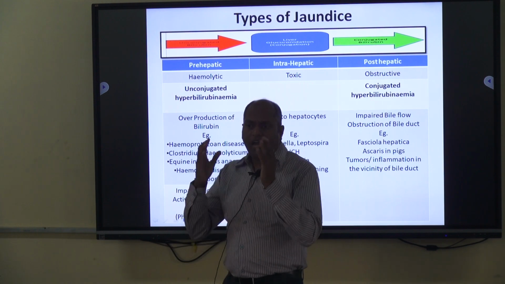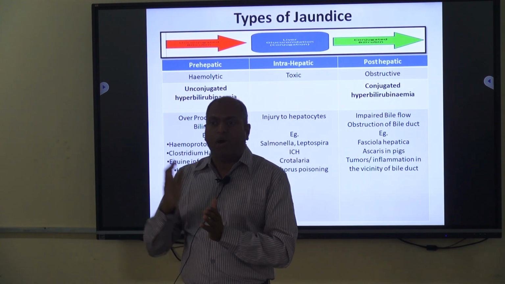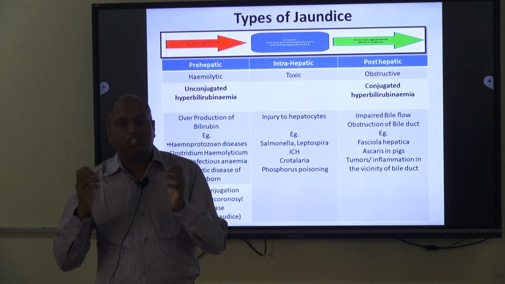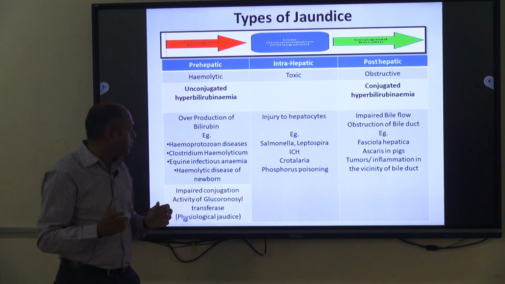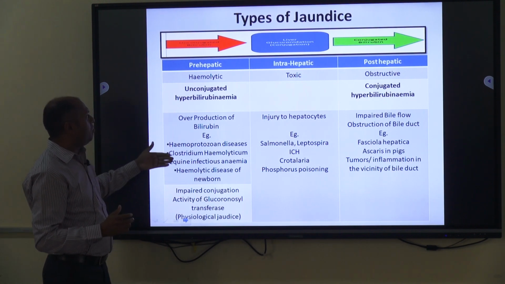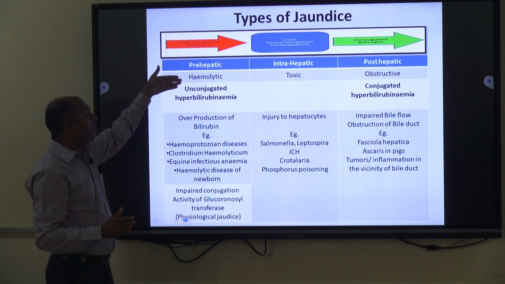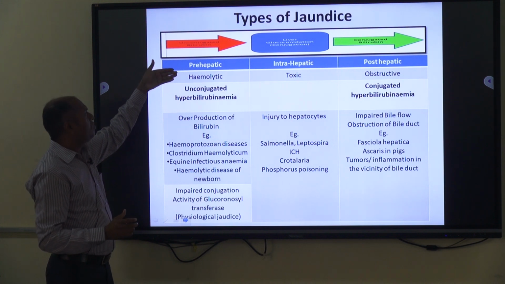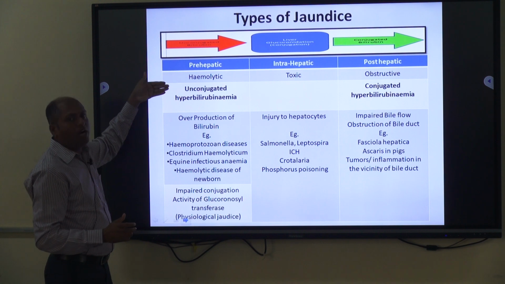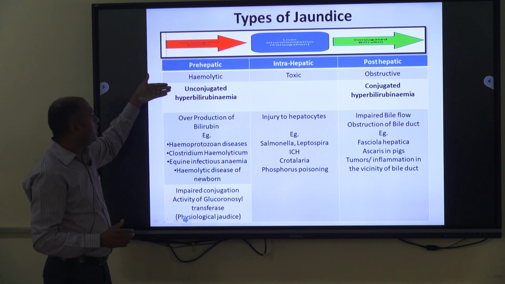In this, an Rh negative mother conceives from an Rh positive father, so there is a chance of excessive destruction of RBCs. These all can cause excessive destruction of RBCs, technically hemolysis. So they are called pre-hepatic jaundice, and in this the level of unconjugated bilirubin increases.